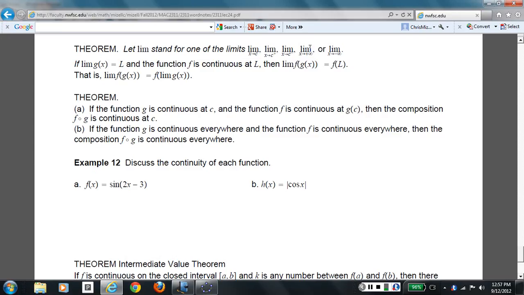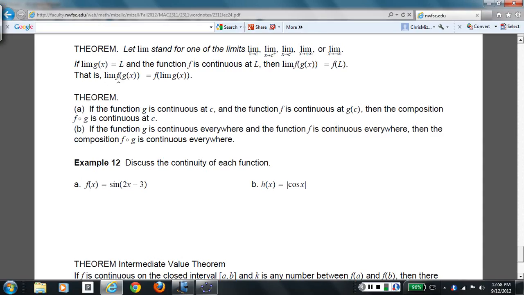If the limit of the function g of x equals L for any one of these types of limits, and the function f is continuous at L, then the limit of f of g of x is equal to what we get when we evaluate the function f at L.